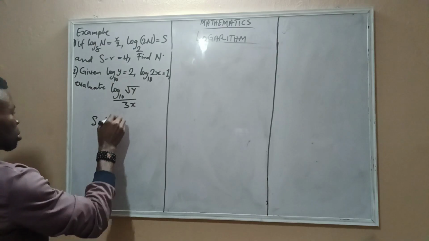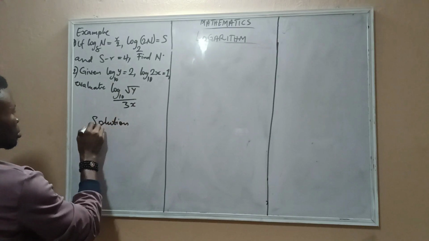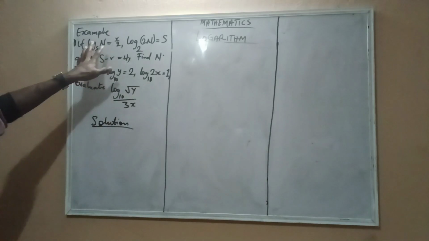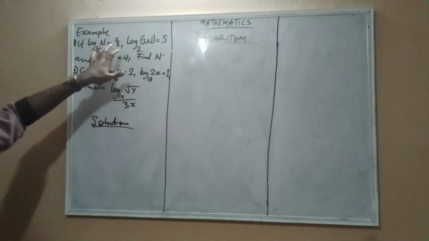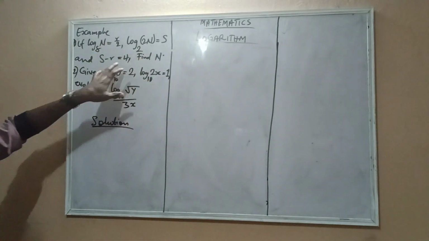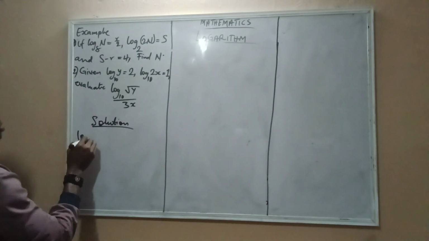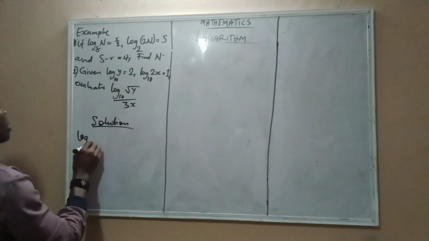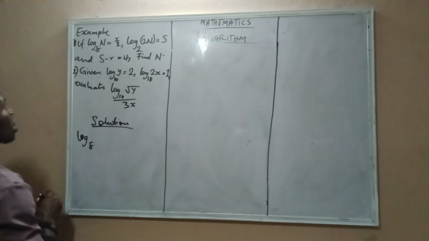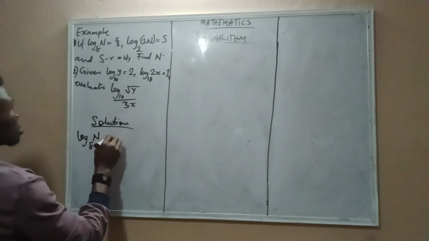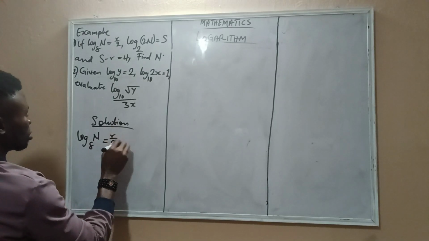Solution. From the expressions that are given, we take the first one, which says log to the base 8 of n equals r over 2.